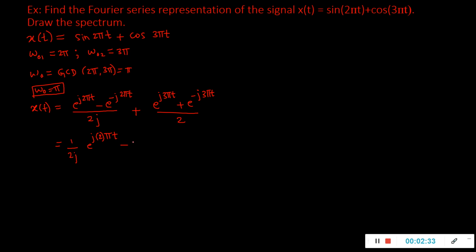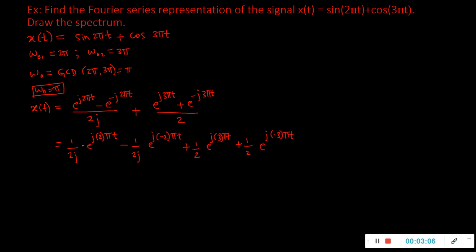Then minus the second term, 1 divided by 2j, e raised to j into minus 2 pi t. Now for the cos term, I'm going to write this as plus 1 by 2 e raised to j into 3 into pi t, plus 1 by 2 e raised to j into minus 3 pi t.